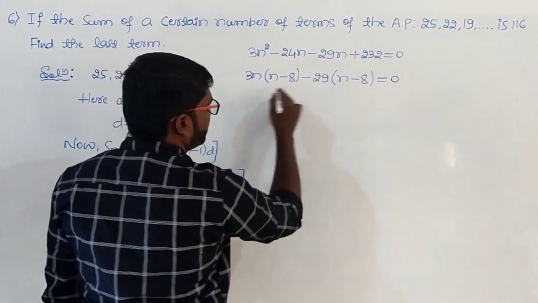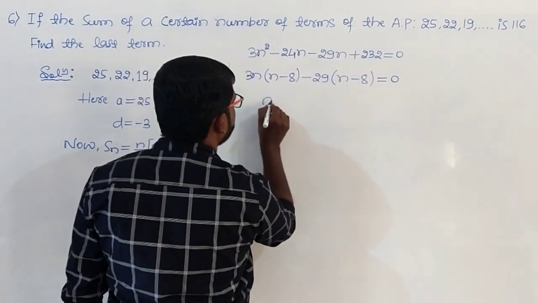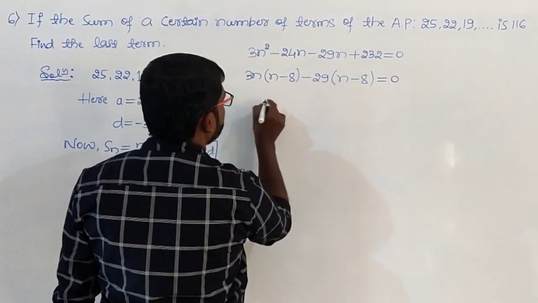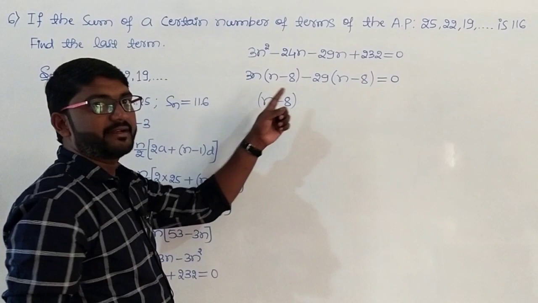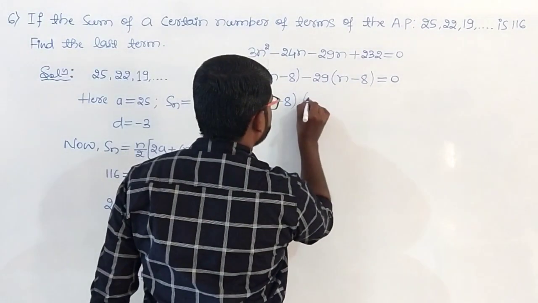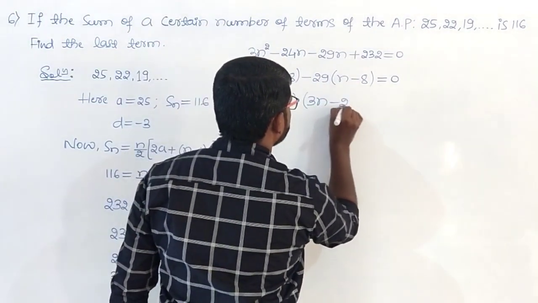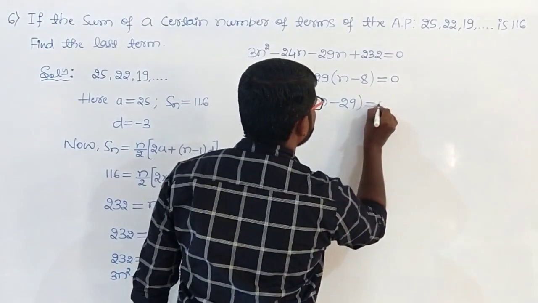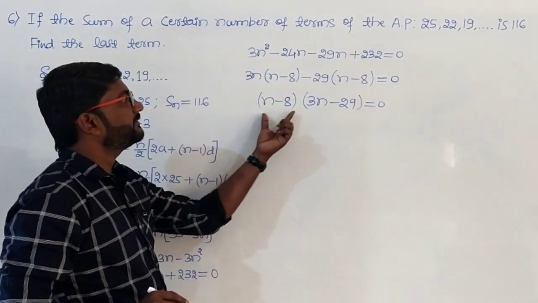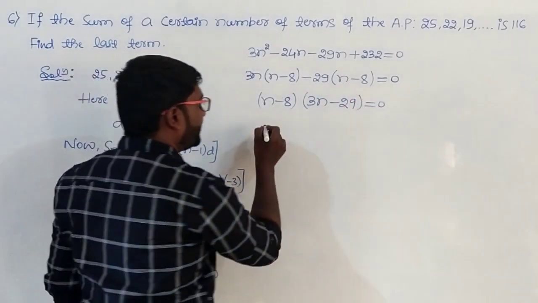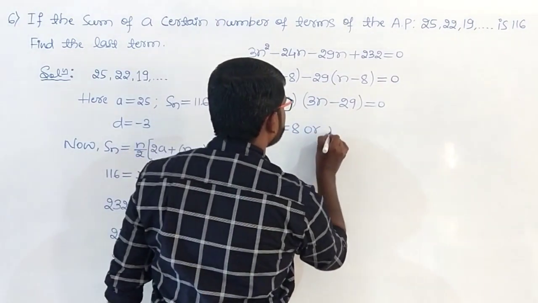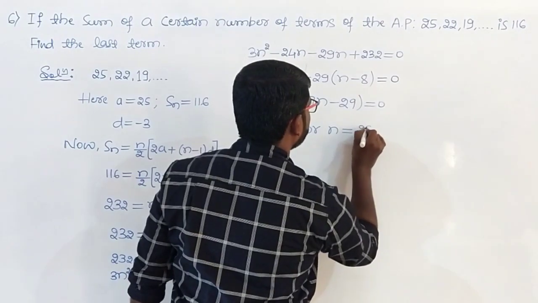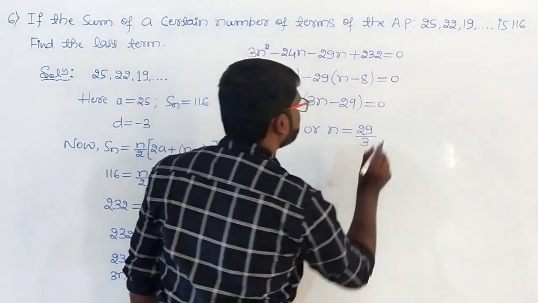Then so this can be written as n minus 8, and then 3n minus 29. We get 3n minus 29, which is equals to 0. Now we have to equate these two terms with the 0. You get n equal to 8 or n which is equals to 29 divided by 3.